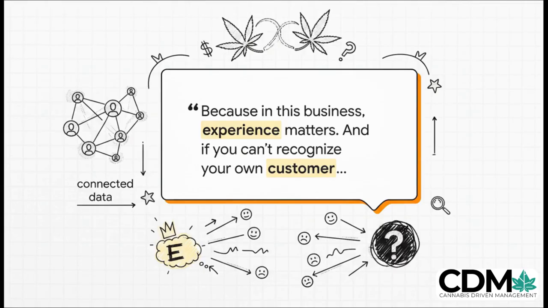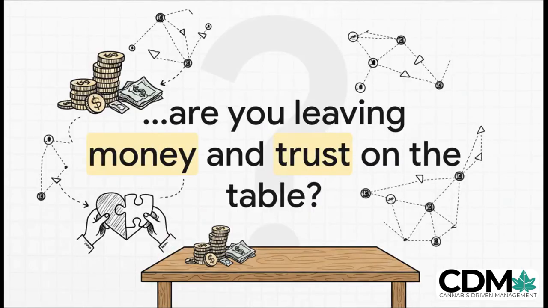Customers have so many choices. The experience you give them is pretty much your biggest advantage. And that whole experience is built on a foundation of good, clean, connected data. So if you can't even recognize your own customer, then you really have to ask yourself, how much money, and maybe more importantly, how much customer trust are you just leaving on the table every single day? It's a question that's definitely worth figuring out.